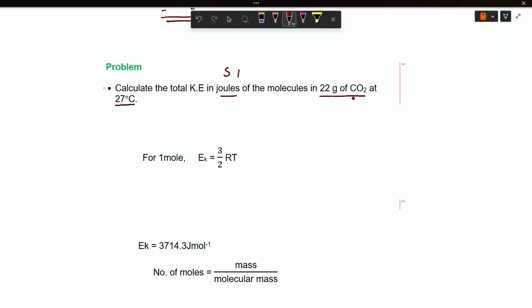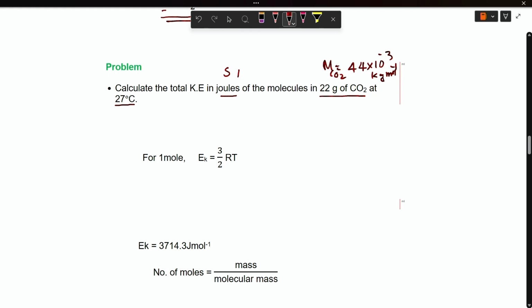So, the molecular mass of carbon dioxide is 44 into 10 to the power minus 3 kilogram per mole. Okay. So, this is the molecular mass of carbon dioxide.